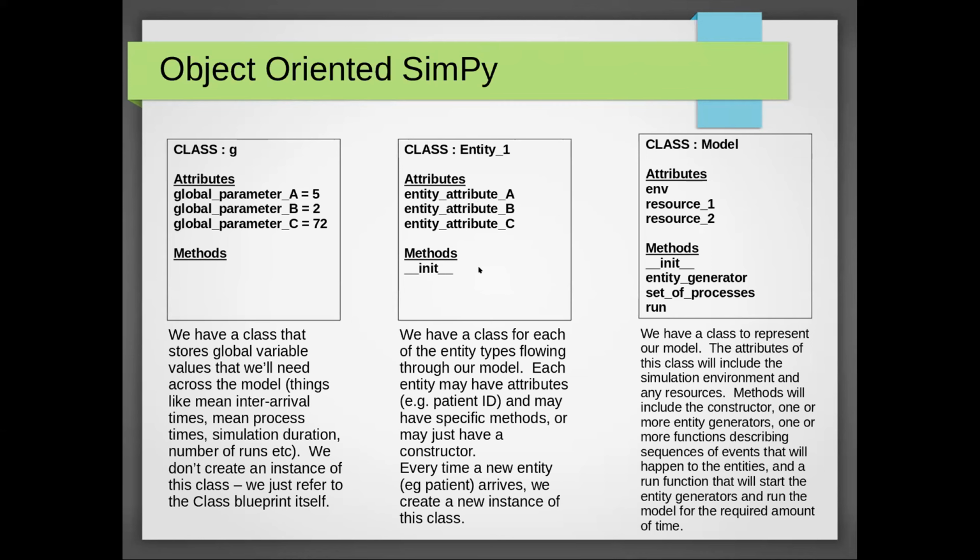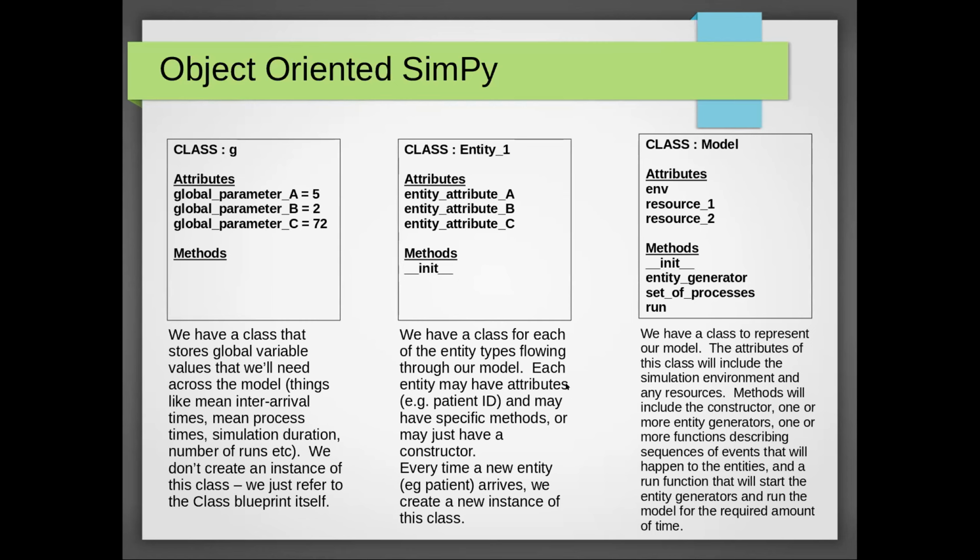You may also have specific methods for those entities, or it may just be a constructor. Remember, you have to have a constructor. You don't in class G, because we're not actually going to construct anything. We're just going to refer to that class, so it'll never create an instance. But in this class, we're going to need a constructor at the very least.